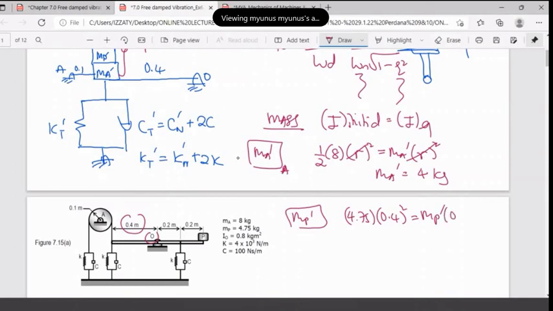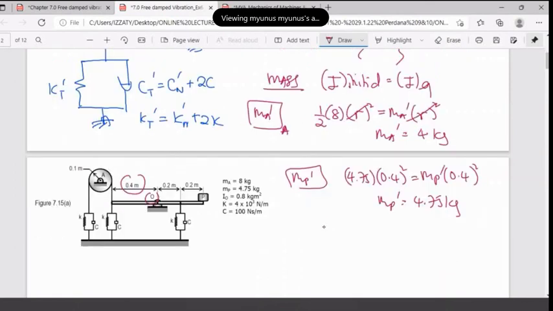So it basically didn't change anything because you are transferring the same distance or length. So you'll be getting MP prime equal to 4.75 kg. Then you move on. What else? We have the rod here. So the M rod, put it as M rod prime.